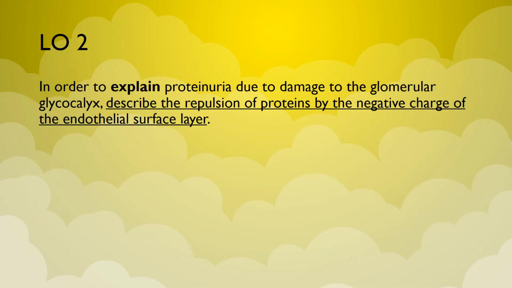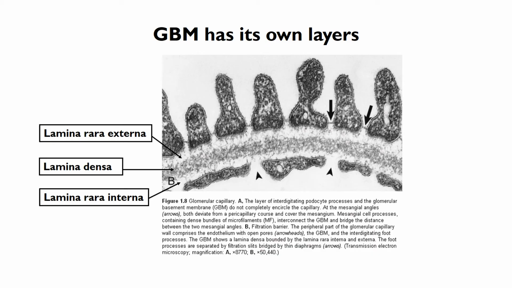Which brings us to learning objective 2. Now, you may have learned from anatomy and histology that basement membranes have sublayers, and the glomerular basement membrane is no different.